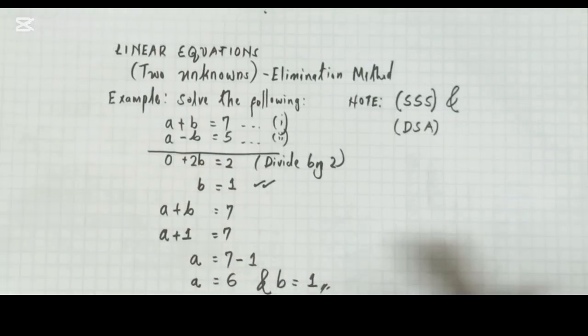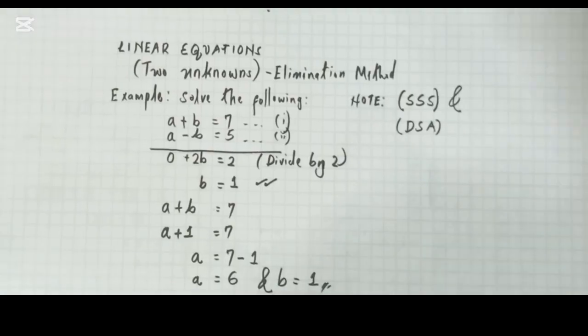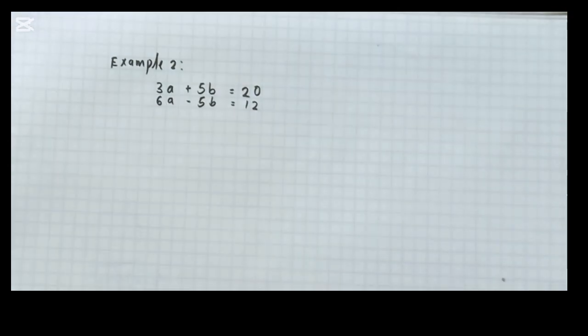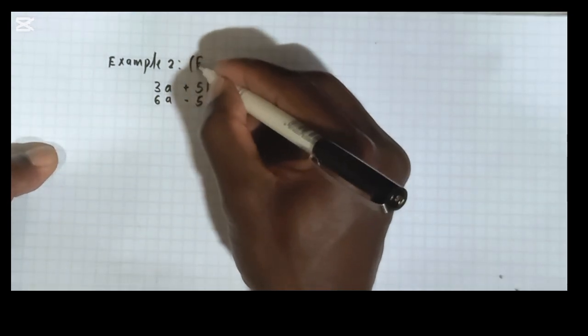Why don't we handle another example just to get you a little comfortable with this kind of equation? Let us handle example 2 of linear simultaneous equations and see what solutions we come up with. We're going to use the same elimination method.